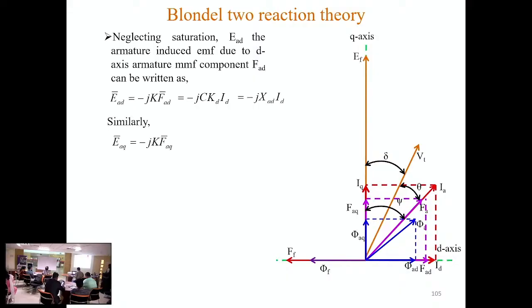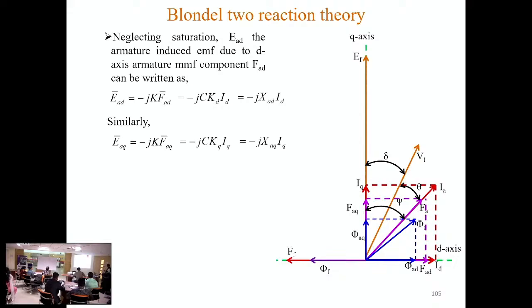Similarly, for Q axis, we can have a similar expression, that is EAQ is equal to some voltage drop, which is XAQ IQ. So we have to subtract these drops from EF to reach VT.